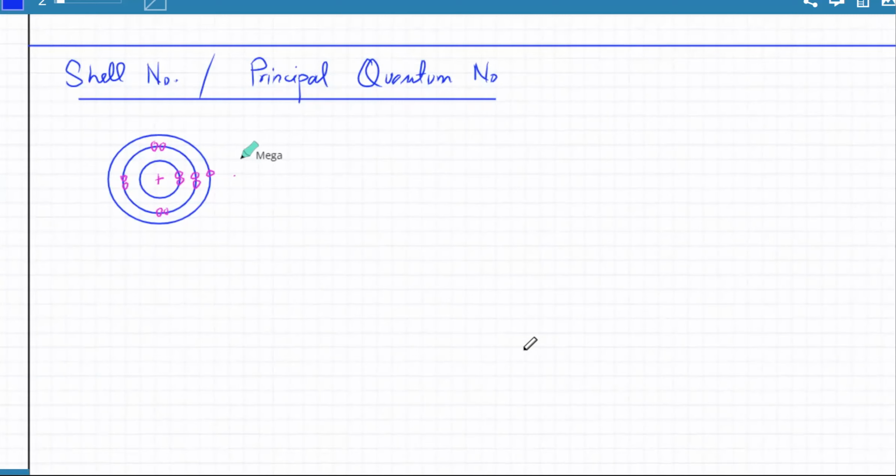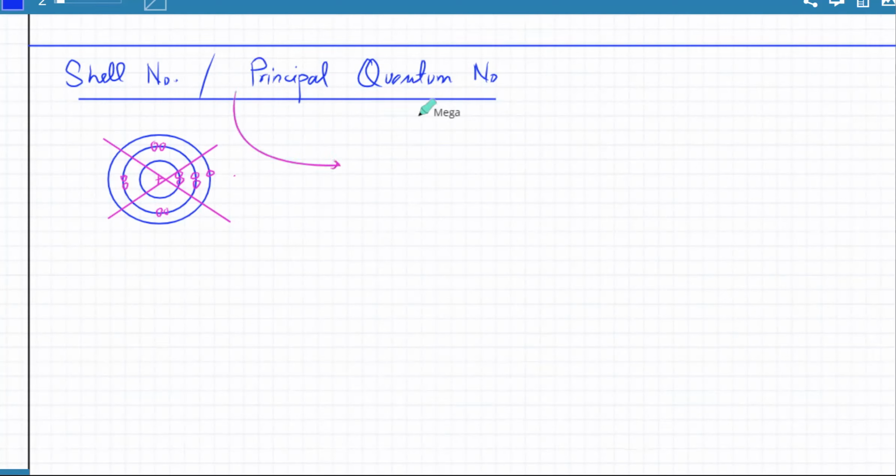So what shell gives you an idea is, remember, a shell never actually looks like this. I'll tell you the similarity with O-levels, but this is what a shell is. Shell is not a physical thing. Shell number or principal quantum number represents the energy level of the electron.